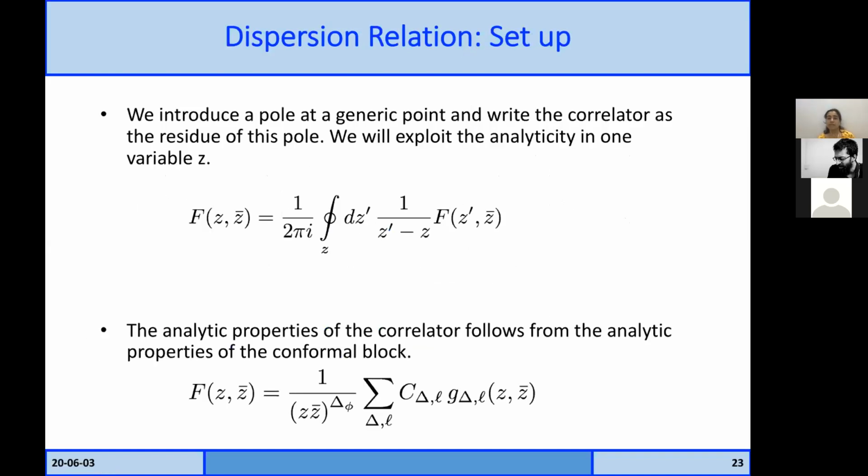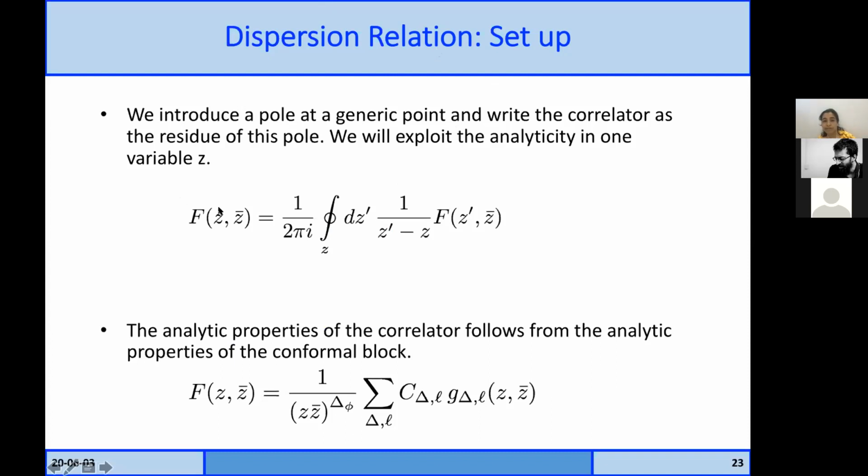So let's try to set up the dispersion relation. So what we do is the following. We introduce a pole at the generic point in the correlator and write the correlator as a residue of this pole.